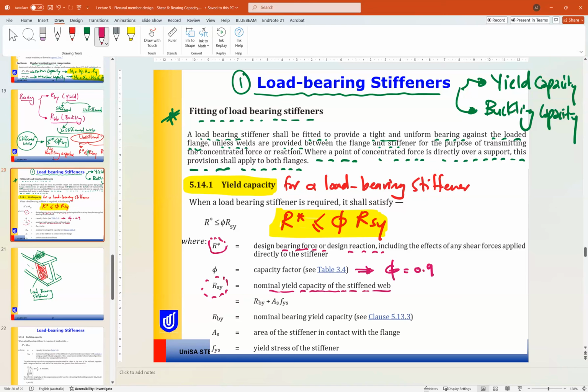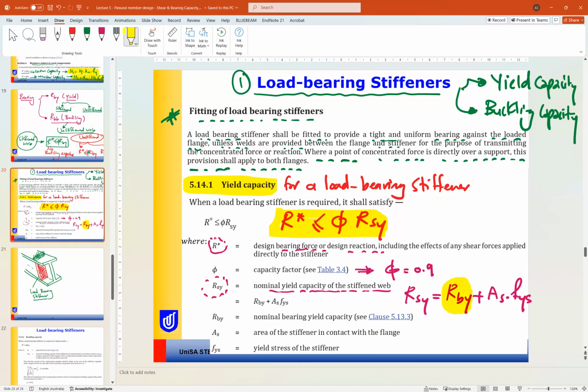So RSY equal to RBY plus AS times F yield S. What is RBY?